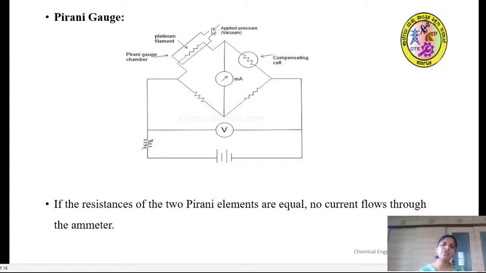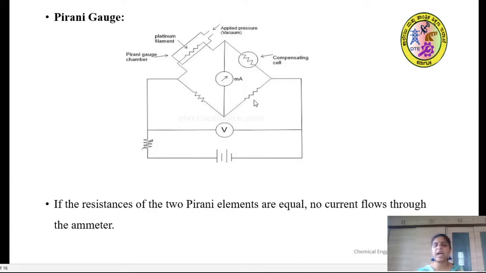With the application of pressure and the flow of a current, there will be thermal conductivity of the gas, and so there will be changes in the heat in the gas.